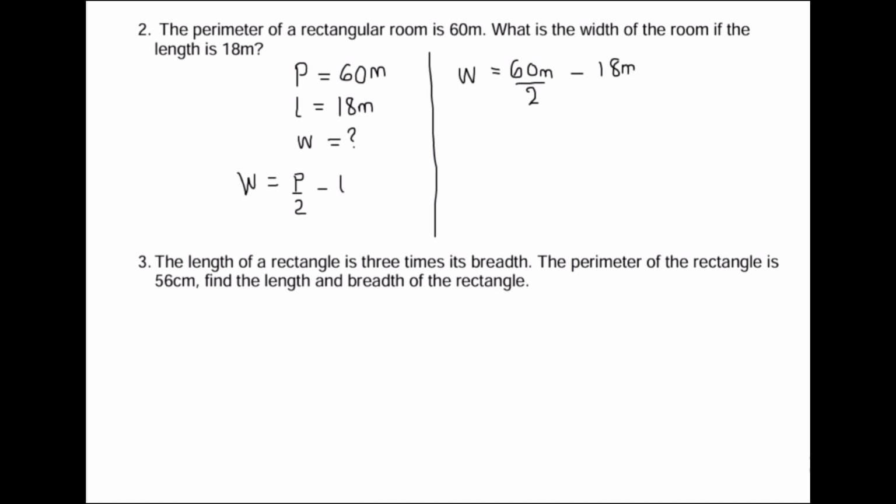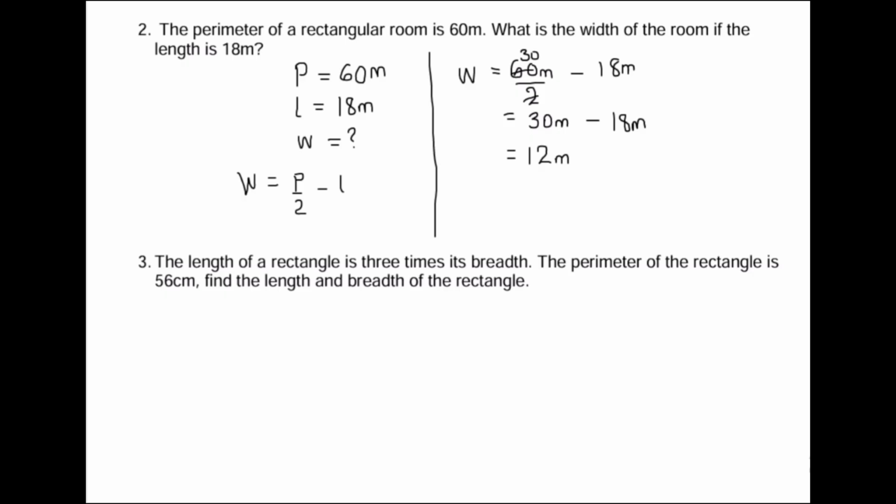So we're going to divide 60 by 2. That's 30. So we have 30 meters minus 18 meters. So we have 30 minus 18, that is going to give 12 meters, and that is the answer.